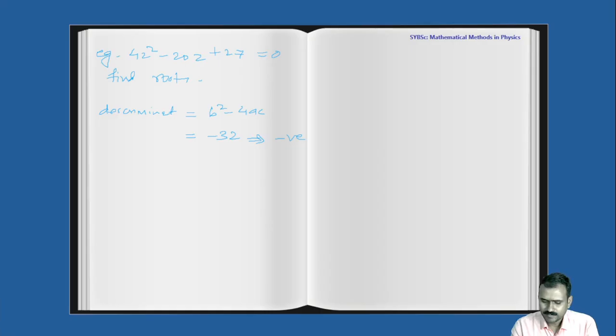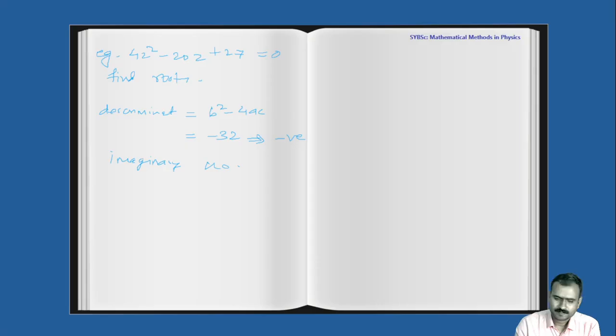So the square root of a negative number is meaningless. We cannot get the square root of a negative number. So these roots are neither rational nor irrational real numbers, because there is no meaning for the square root of a negative integer. The square root of a negative integer cannot be found by the usual method in algebra. When the discriminant is negative, its square root can be obtained by introducing a new kind of number called an imaginary number.